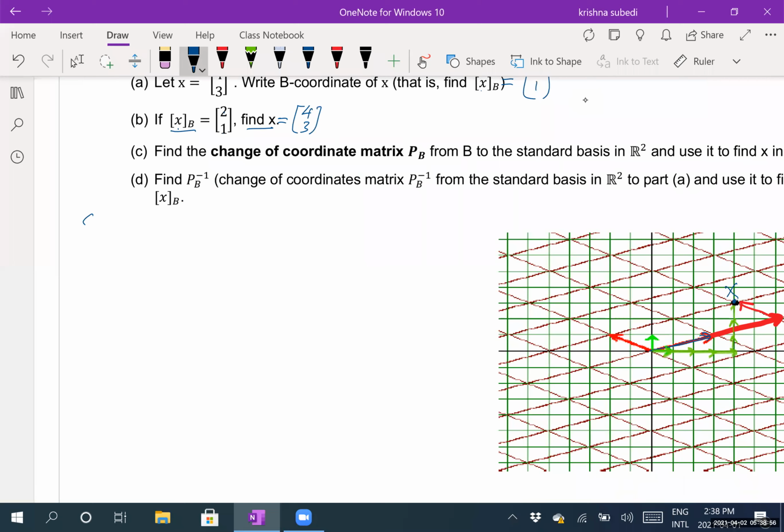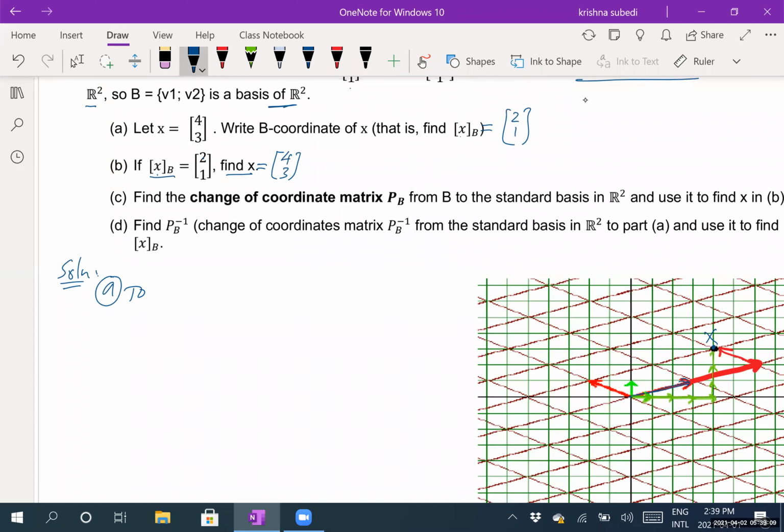Okay, listen very carefully. If you know how to do one problem, you will be able to handle a similar problem easily. So in part A, we need to find xb, which is actually, we know that c1 and c2.